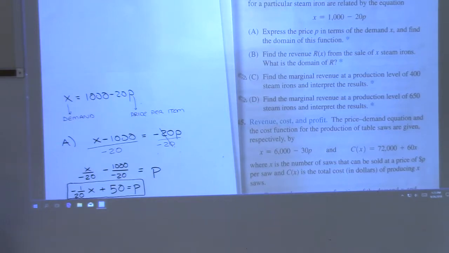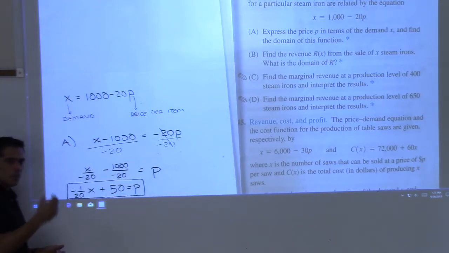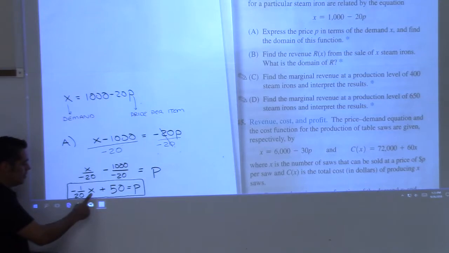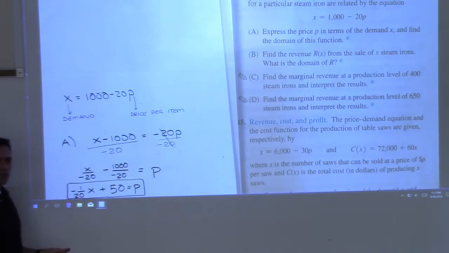What if 20 people want my steam irons? 20 goes here, and then 20 times negative 1/20th is negative 1, plus 50, I'm going to set my price at $49. So if about 20 people want my irons, I set the price at $49.